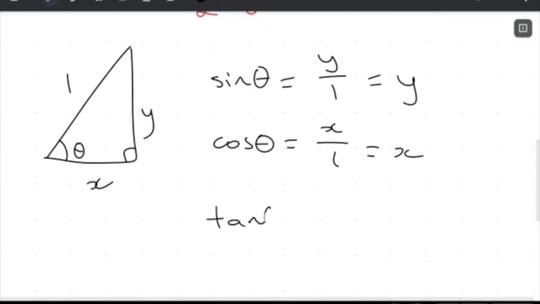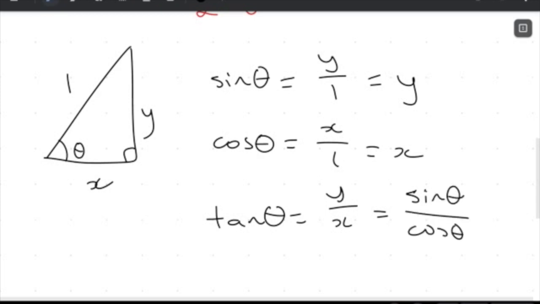And my tan theta is just my opposite over my adjacent, so y on x. And since y is sine theta and x is cos theta, I can write this trig identity, that I can get tan theta from doing sine theta divided by cos theta.